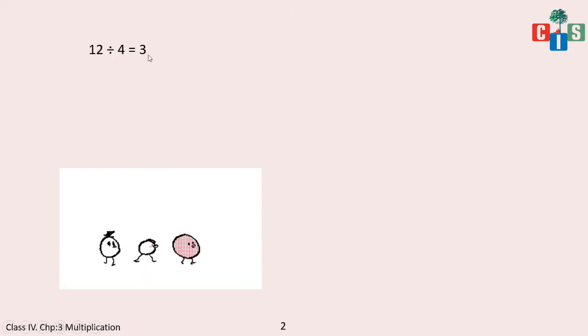Now, 12 divided by 4 is equal to 3. That we already saw in the previous slide. You know what 12 is known as? It is known as the dividend, and it is written inside. And it is divided by 4.